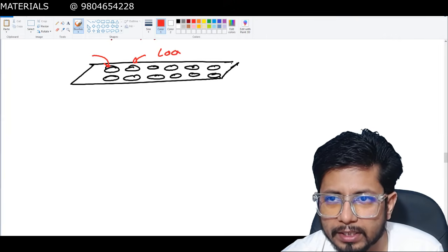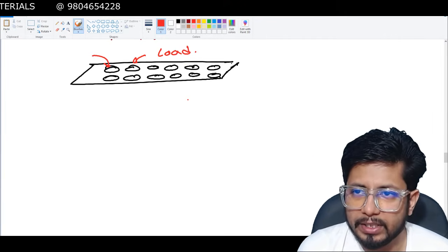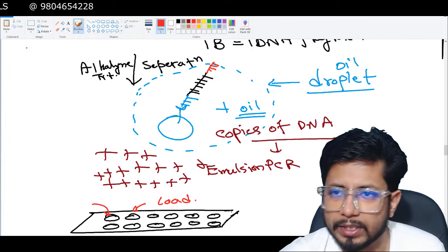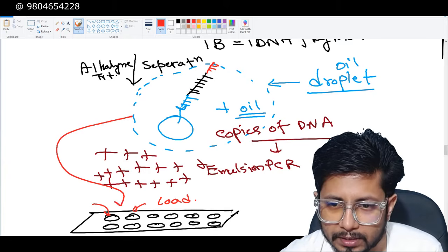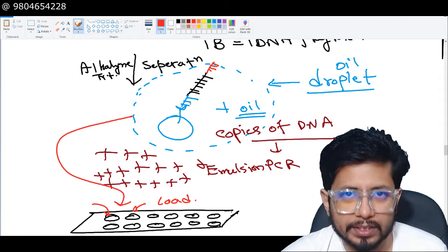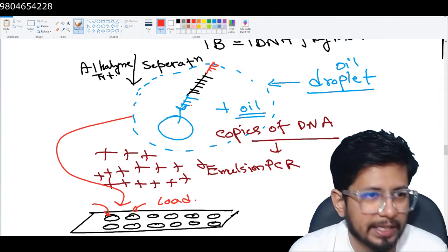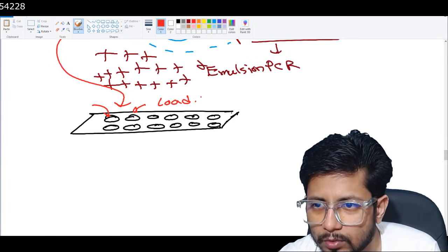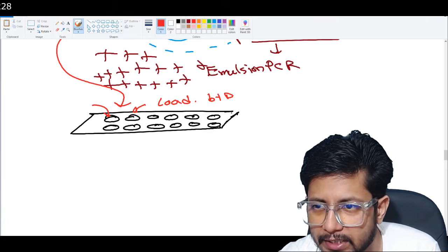So loading will be done. Loading of what? Basically the loading of the beads associated to the target DNA is loaded into each of the wells.